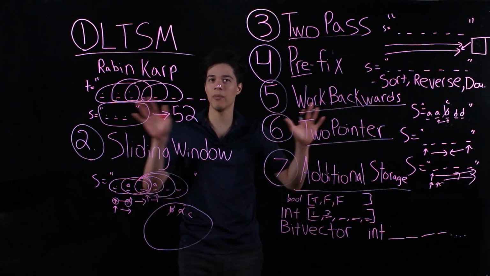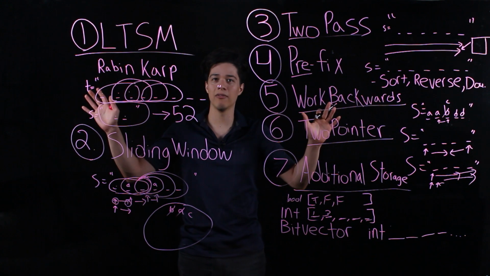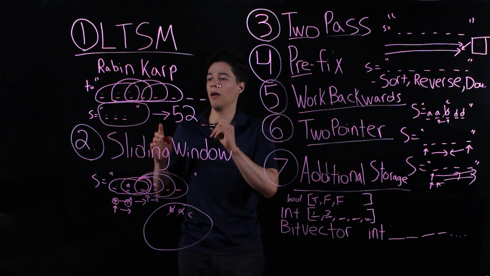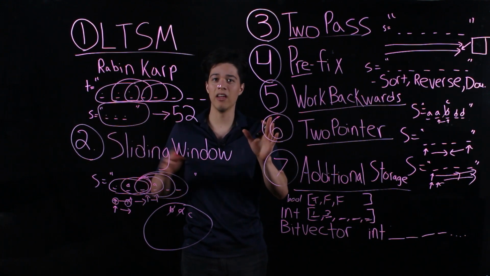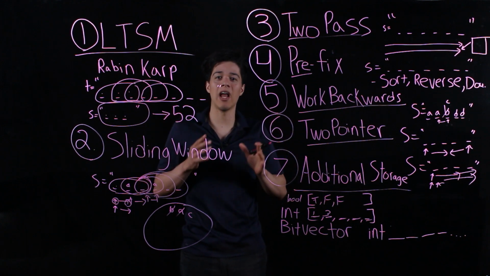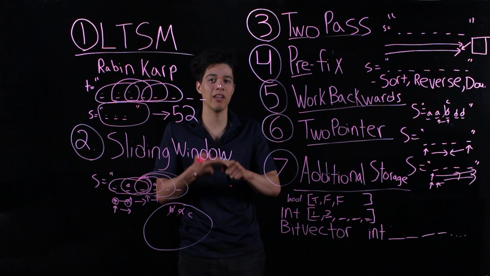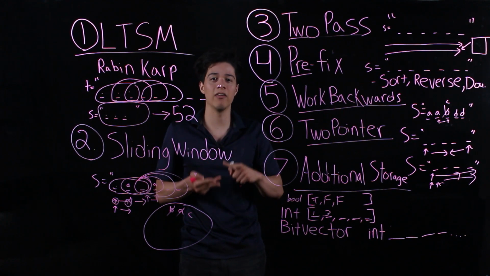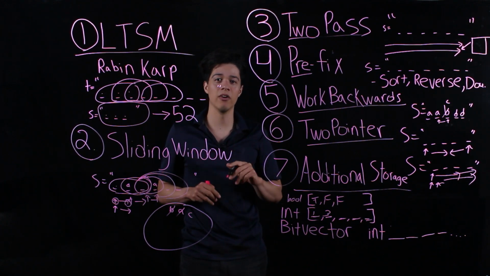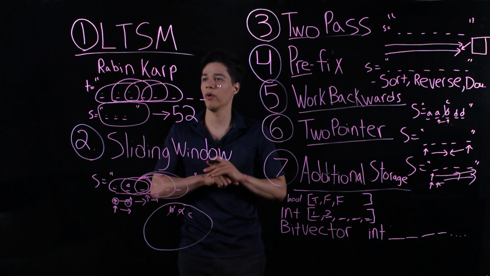All right, so stepping back for a second, what do we have so far? These are 7 techniques, and let's step back even further, right? What I've done is I've looked at every question related to strings in Cracking the Coding Interview and Elements of Programming Interviews and the top 100 questions on LeetCode, and a few questions on Glassdoor as well.